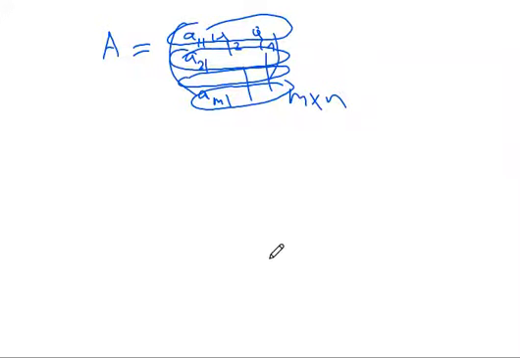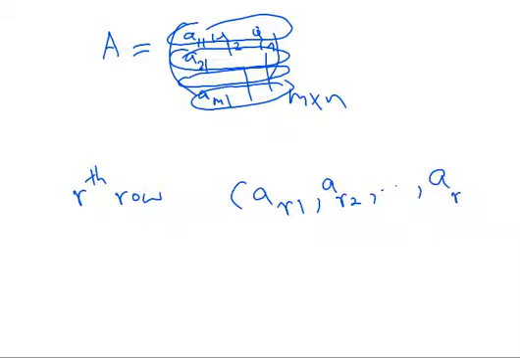So if you consider one of the rows, let me consider the r-th row of A, which is a sub r1, the first element, a sub r2, up to how many columns do we have? n columns.